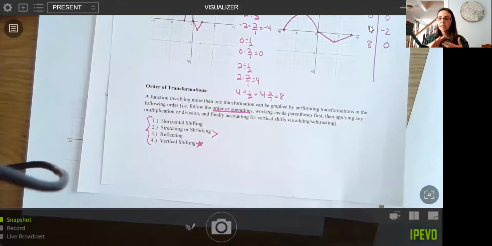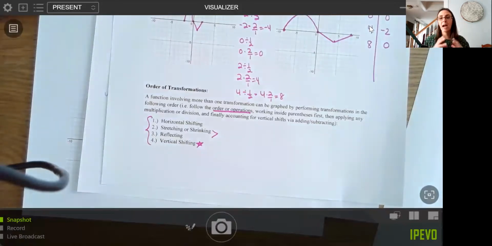Remember that adding and subtracting are always shifts. So all you're doing is moving the graph up or down or left to right. Your negatives are your reflections. So if you have a negative multiplier, you're going to flip it either up and down or left to right. And then if you actually have a number being multiplied or divided, then you're actually going to have to do some work. Then you're either stretching or compressing one way or the other.